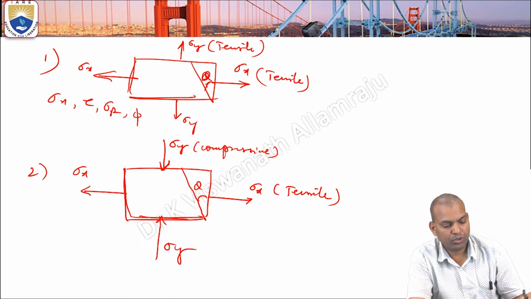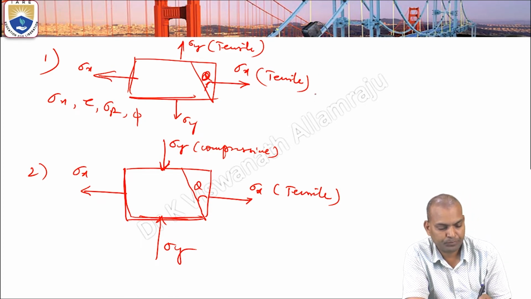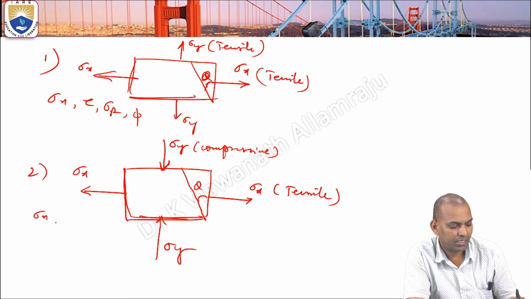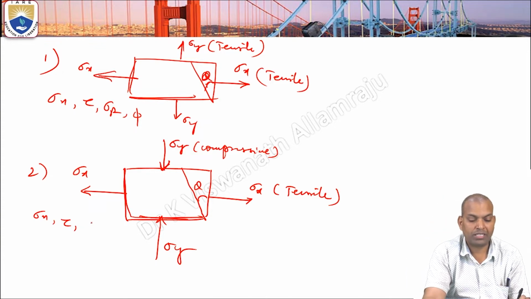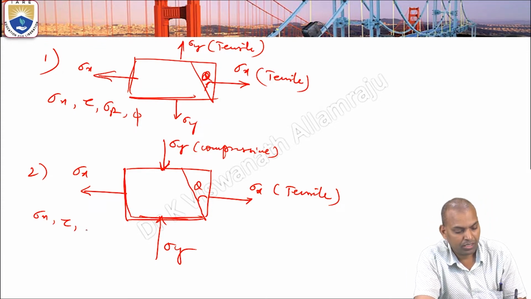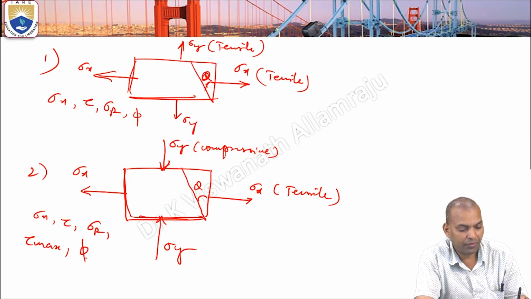For all the cases we calculated the normal stress sigma n, shear stress, which is also known as tangential stress, resultant stress, maximum shear stress, and angle of obliquity.